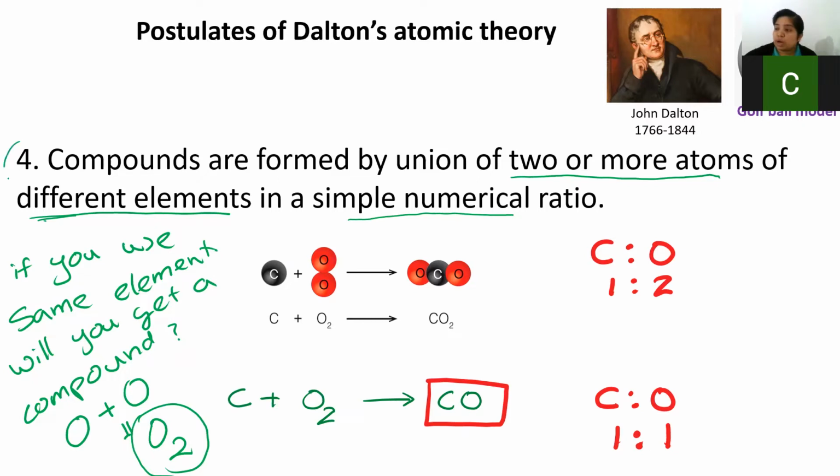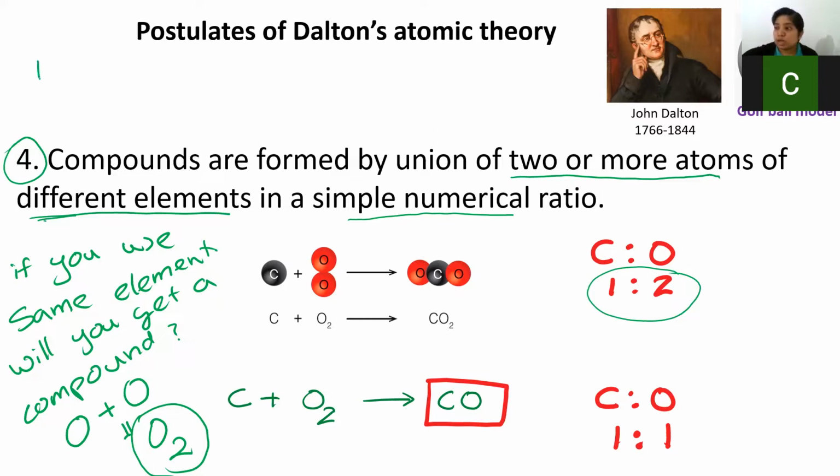However, by now, his fourth postulate has also gone a bit wrong, because there are certain compounds that may combine in very complex ratios. It is not going to be as simple as this. Sometimes there are very large numbers, or maybe even fractional numbers.